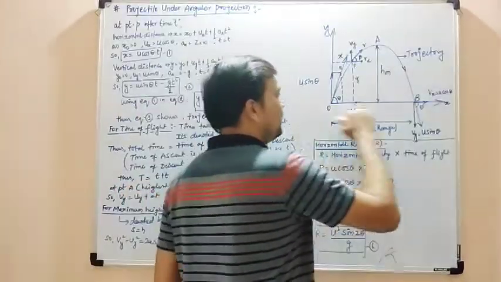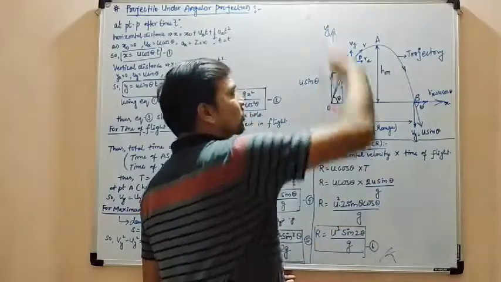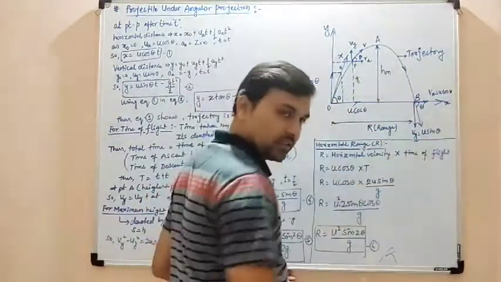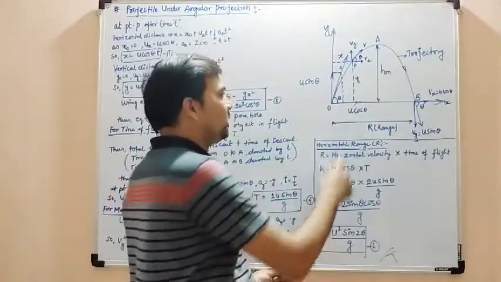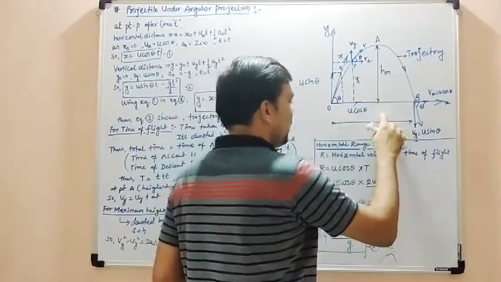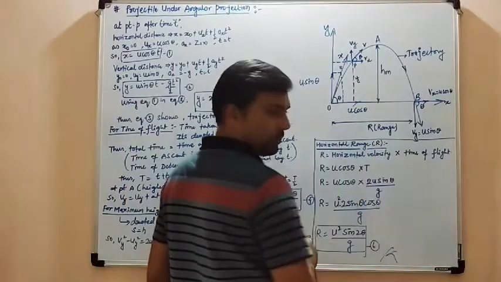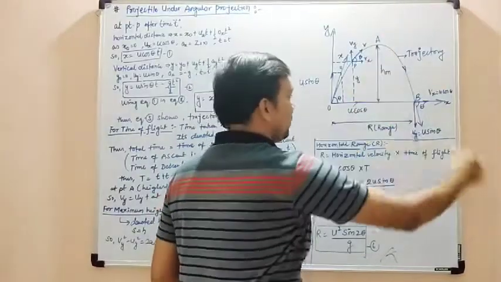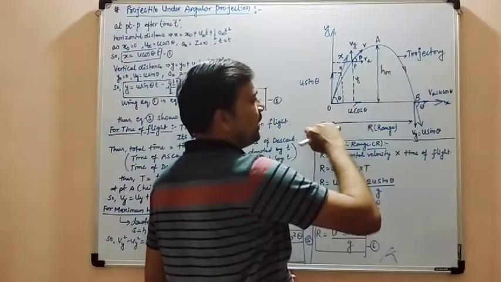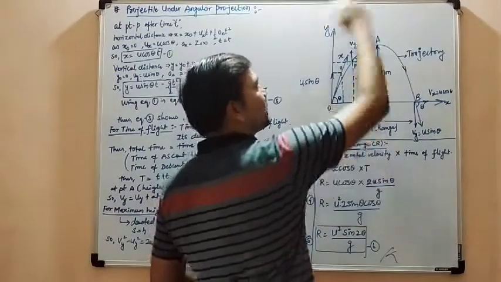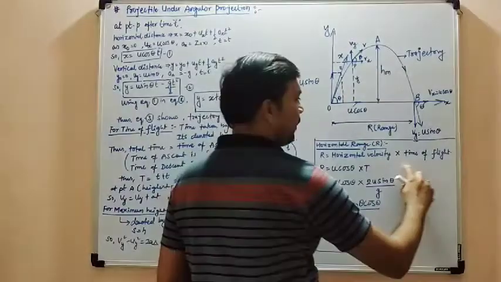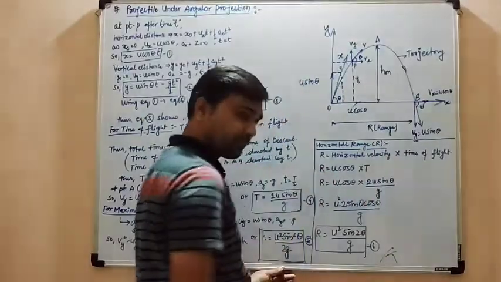Here we are dealing with the x-axis, so we will not go for the y-axis, we go with the x-axis. For the x-axis, we take the horizontal component of velocity. We take this much time, the time the particle takes to strike at B from O. So the time of flight will be given by capital T.